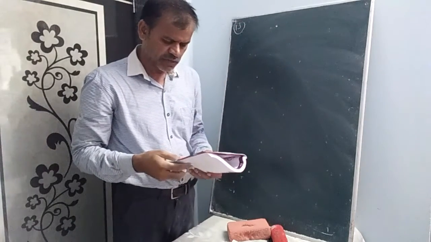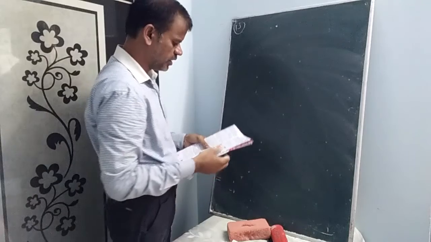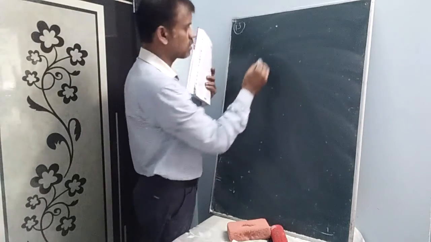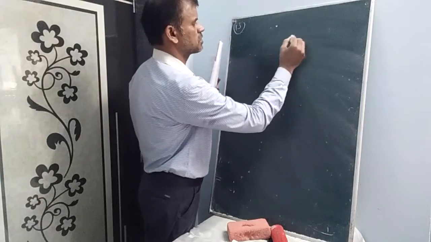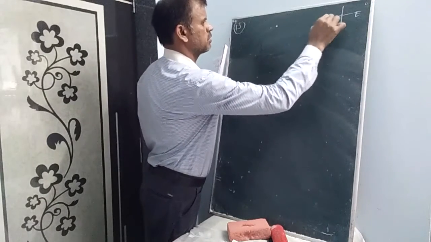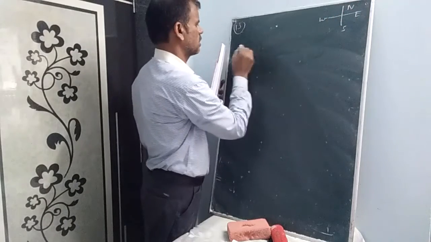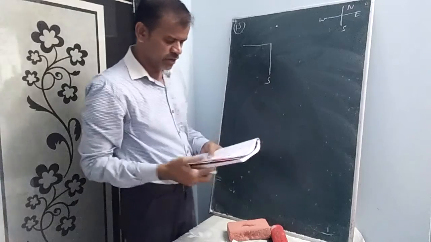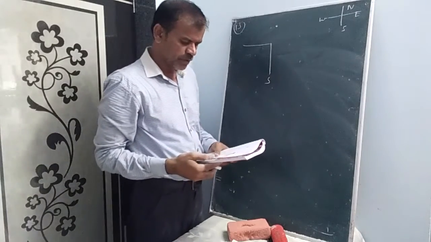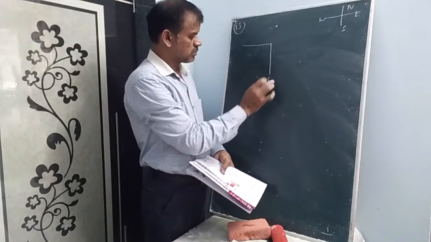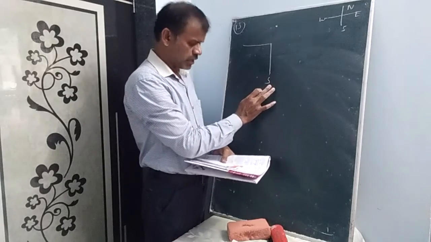The angle of elevation of the top of a tower from a point A due south of it. By general notation: east, west, north, south. According to this concept I am writing, this is south.